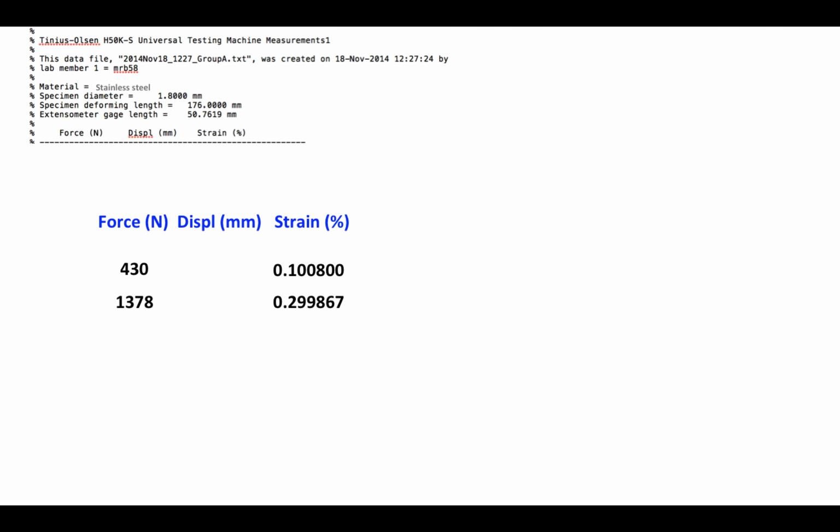There are the data points that we just looked at, and I could also measure my starting area of 2.54 millimeters squared, and I can compute now my stress, which is going to be 169 newtons per square millimeter at 430 newtons and 542 newtons per square millimeter at 1,378 newtons.